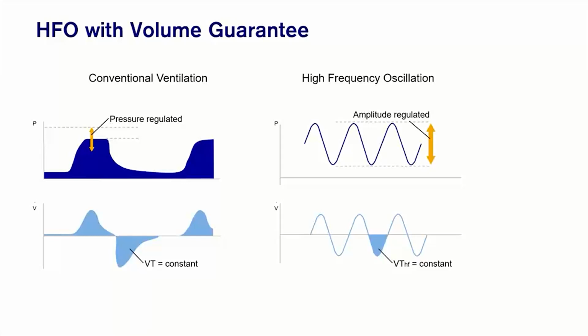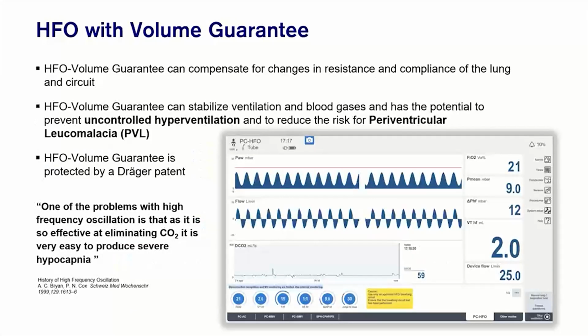In high frequency oscillation on the right side, this is very similar. The ventilator again is measuring the high frequency tidal volume, and is then, according to your set target high frequency tidal volume, automatically adjusting the amplitude of high frequency oscillation. So how does this look?